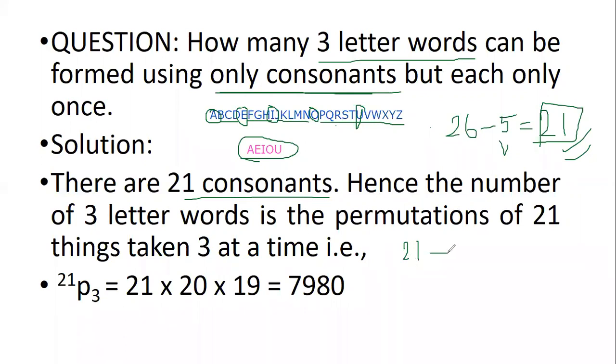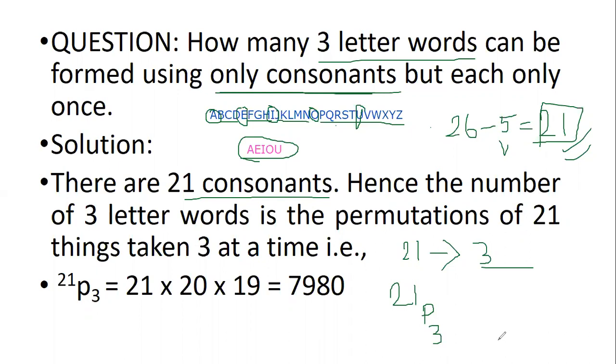Out of these 21 consonants, I am supposed to pick 3 letters at a time to make a word. So my overall selection is 21, out of which I am supposed to take only 3 at a time.